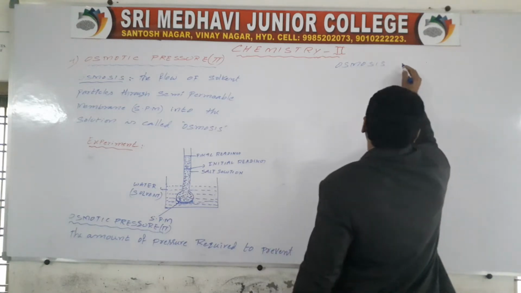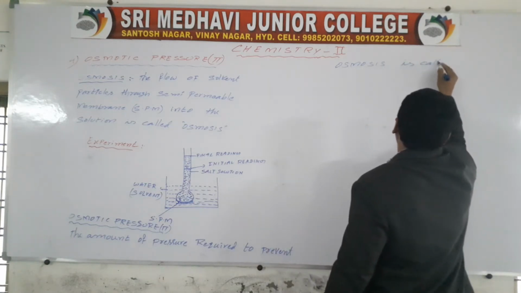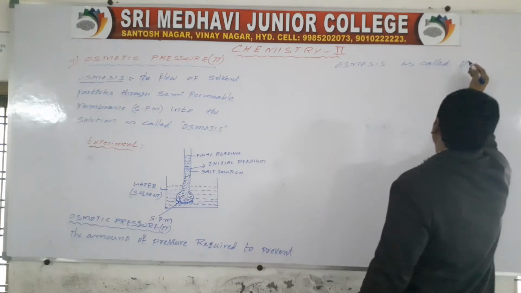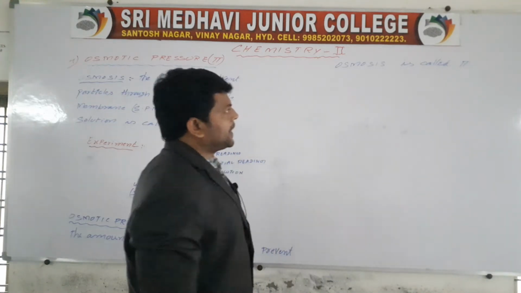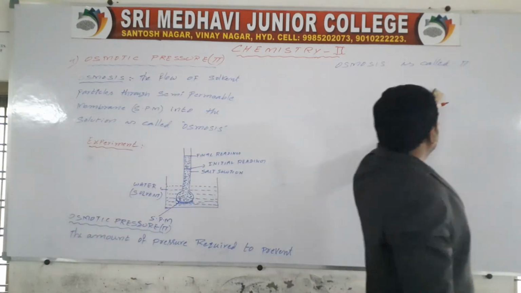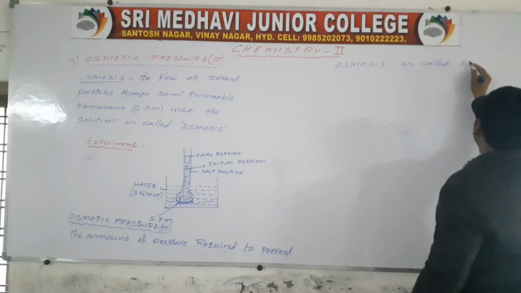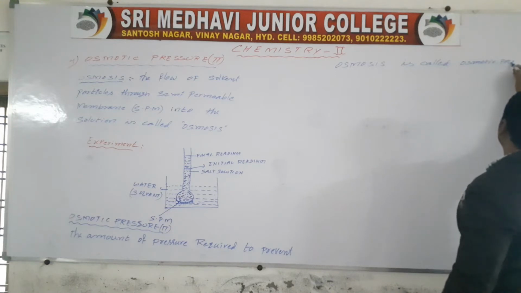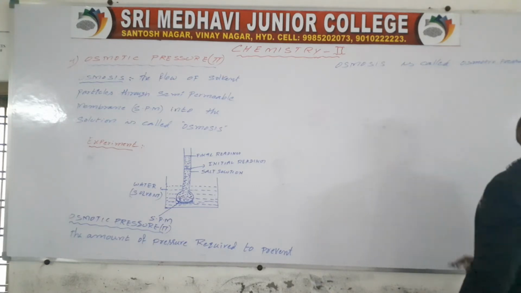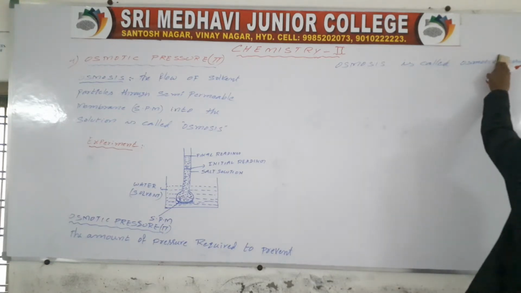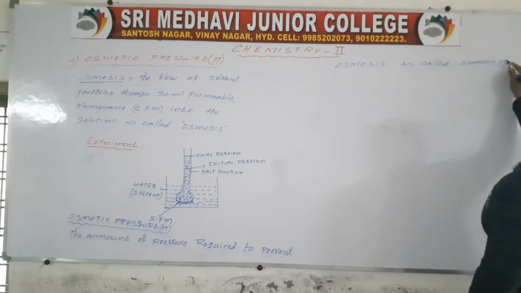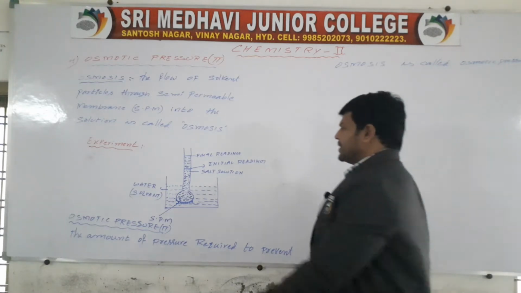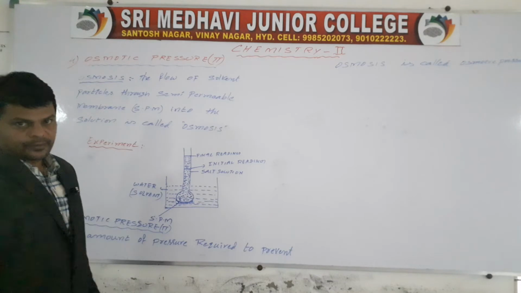The pressure required to prevent osmosis is called pi, the osmotic pressure. So this is osmotic pressure.